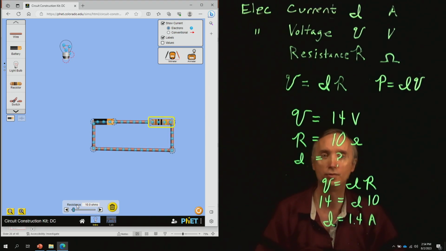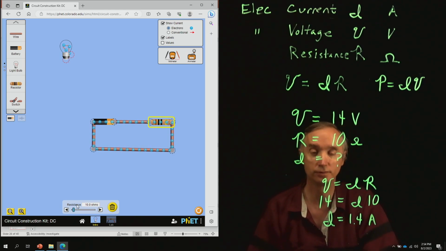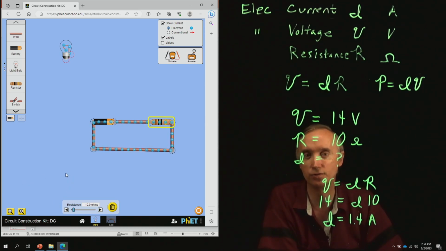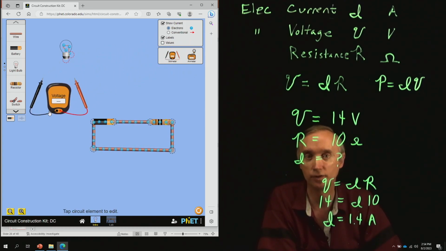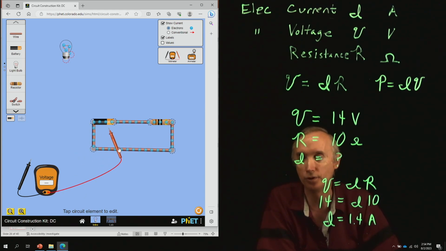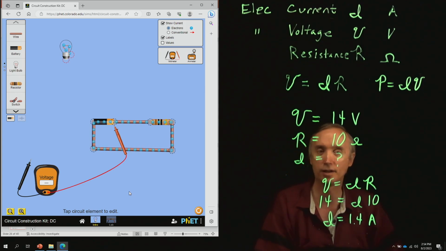Now what we want to do is measure all of this stuff. So we've calculated it, but could we actually measure it with a device? Yes, we can. The device that is going to measure voltage is a voltmeter, and that's this one up here. So if I pull this one out, now I'm going to take one of the probes and put it on this side over here, and I don't get anything.